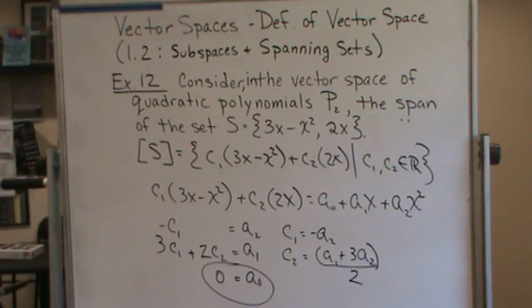So as long as A0 is 0, as long as we have a constant term of 0, then we can give the coefficients C1 and C2 to describe any element of the span.